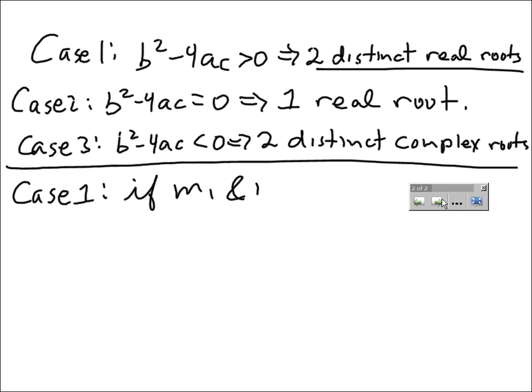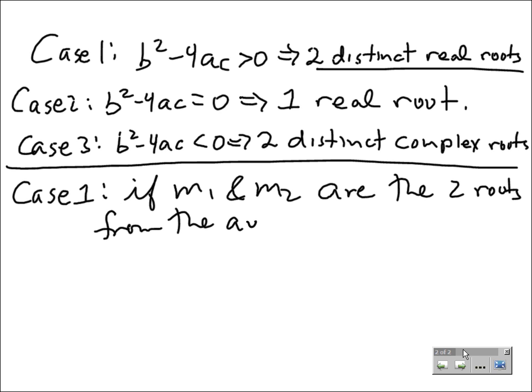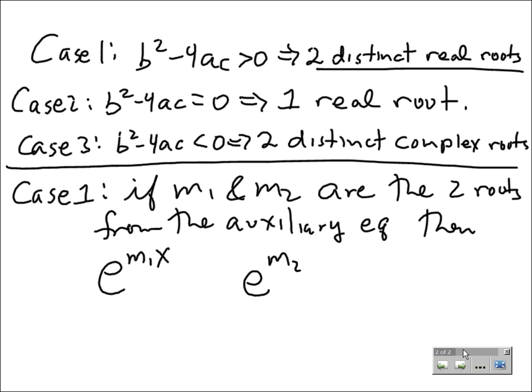If m1 and m2 are the 2 roots from the auxiliary equation, then e to the m1x and e to the m2x are 2 independent solutions to their equation.